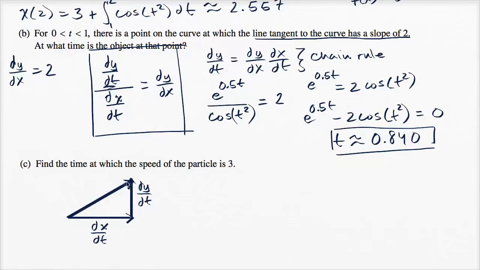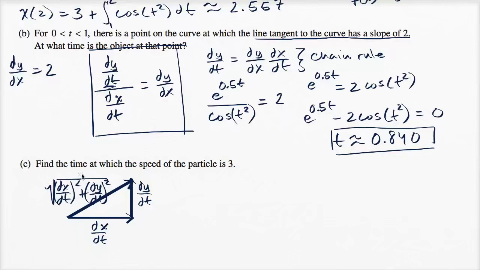Well, what's the magnitude of that? The Pythagorean theorem tells us it's going to be the square root of your x component of velocity squared, so dx dt, the rate at which x is changing with respect to time, squared, plus your y component, dy dt squared. This right here is the speed.